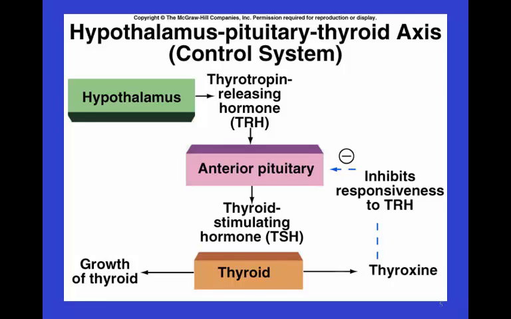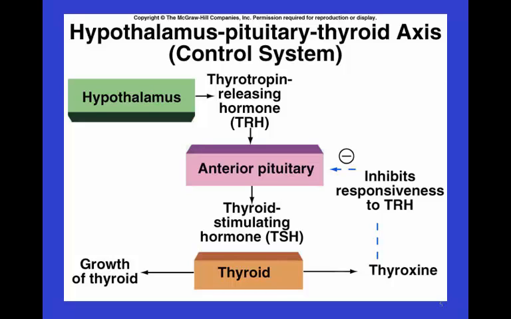This slide shows the relationship between the hypothalamus, the anterior pituitary, and the thyroid gland. The hypothalamus releases a hormone called thyrotropin releasing hormone, which is going to actually control the anterior pituitary. We saw this on a previous slide as well, in which the hypothalamus was shown having an effect on the pituitary.